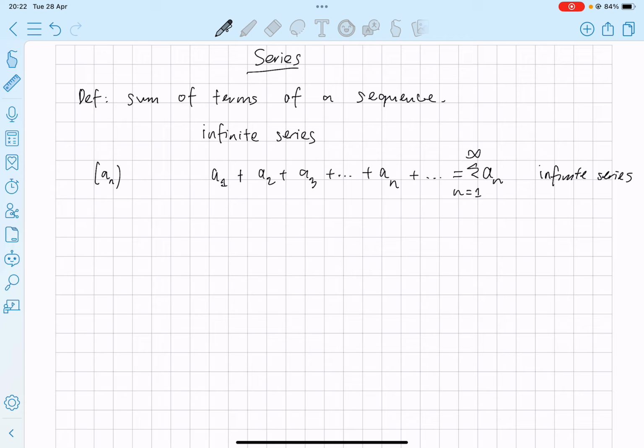Now consider the sequence 1, 2, 3, 4, etc. This sequence we call an arithmetic sequence.